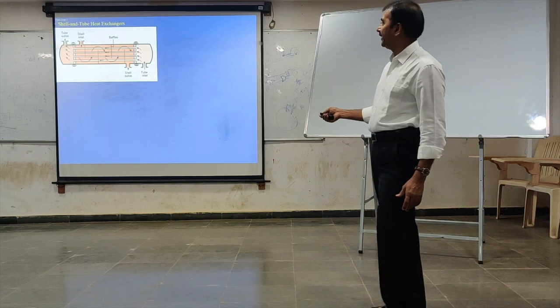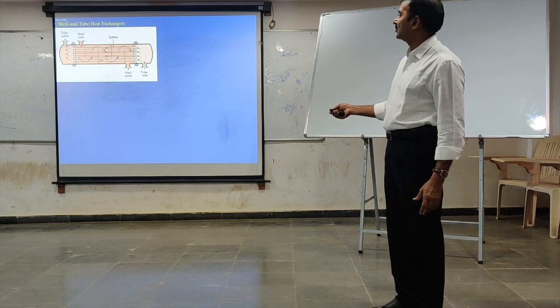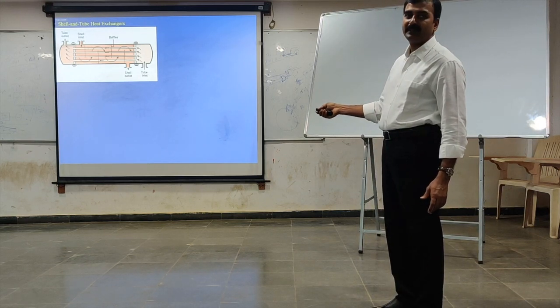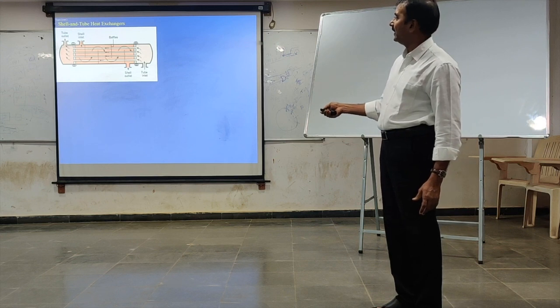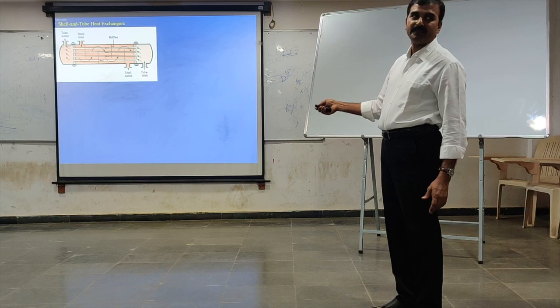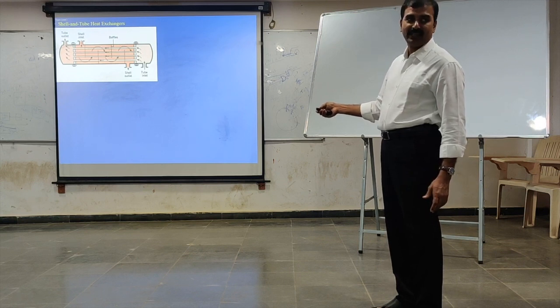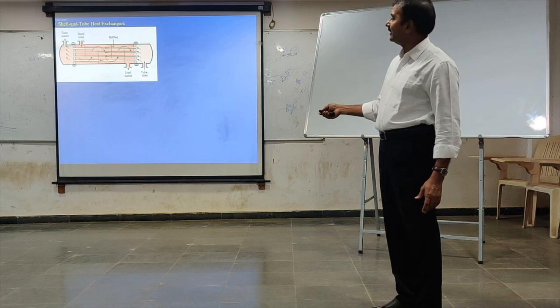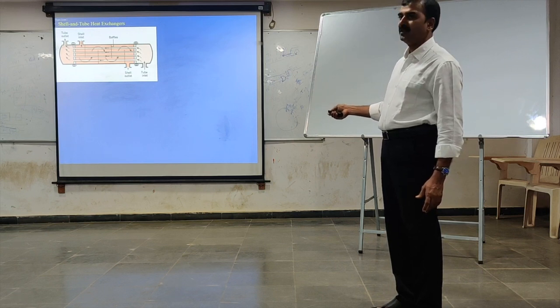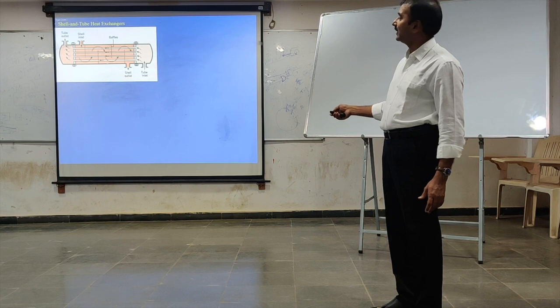Some fluid can enter through the tubes, entering here and then leaving here: tube inlet and tube outlet. Now, another fluid is entering through the shell, and then it moves here and there and exits here.